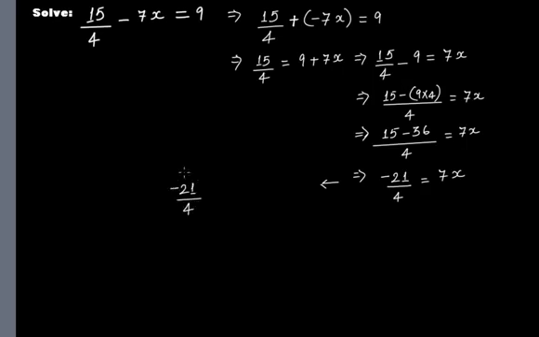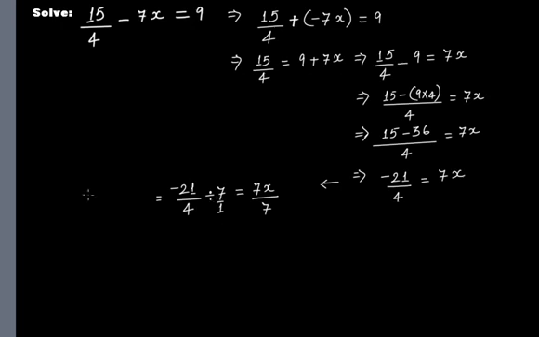Since this is a rational number, if you divide this by 7, you write it like this, and this is 7x divided by 7. Now this 7 can be written as what? 7 by 1. Is there any difference? Now we know that this is also a rational number, this is also a rational number. When we divide two rational numbers or two fractional numbers, then we simply invert and multiply.